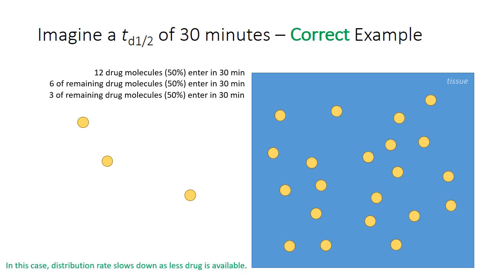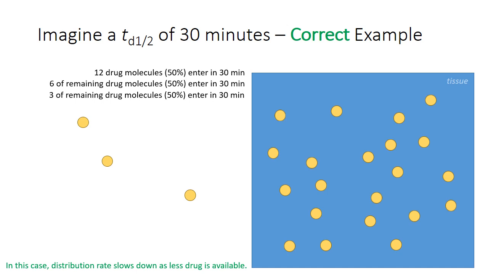So in this case, the distribution rate slows down as less drug is available. That's very important to understand. The K constant that we talked about, the distribution constant, does not change. But you would use that constant, and we used those constants in the introductory lecture.